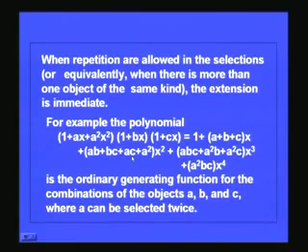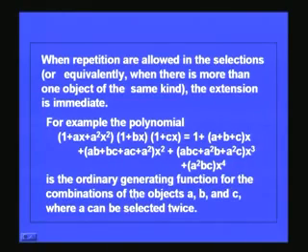Similarly, when you want to select 3 objects, you can select A, B, C, or you can choose A squared and B, or A squared and C. And if you want to select 4 of them, A has to be selected twice, and B and C also have to be selected. So this is the ordinary generating function for the combinations of the objects A, B, C, where you are allowing A to be selected twice.